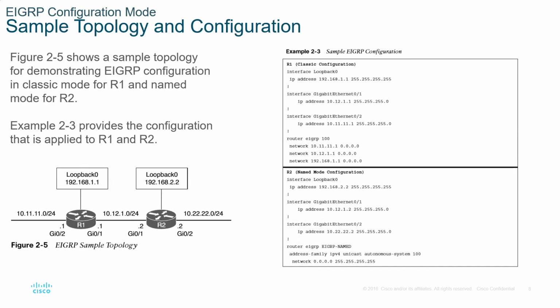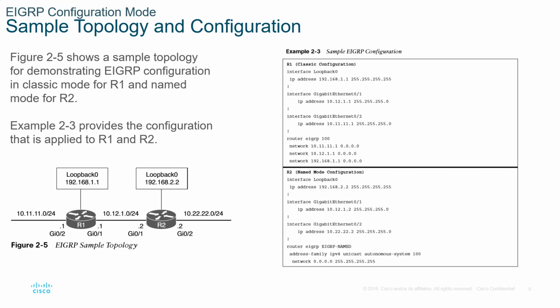Okay, so let's go through the actual configuration example for our little topology down in the bottom left-hand corner. We have 2 routers and they share 1 network between them. They have a loopback interface each and 2 directly connected networks. So configure the interfaces as normal: IP address, subnet mask, rinse and repeat for all your directly connected networks.